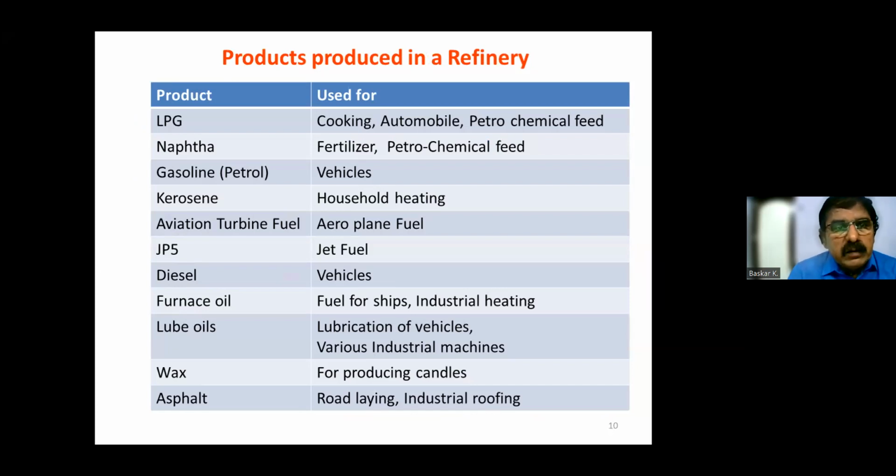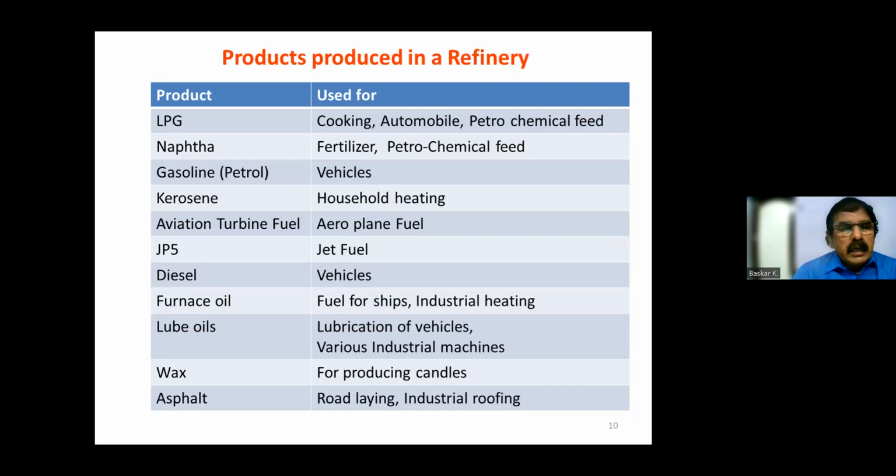Gasoline is also called petrol or MS, that is used for vehicles. Kerosene is used for household heating. Basically now the demand for kerosene for household heating is totally nil, because almost entire India has converted its fuel to LPG over a period of time.